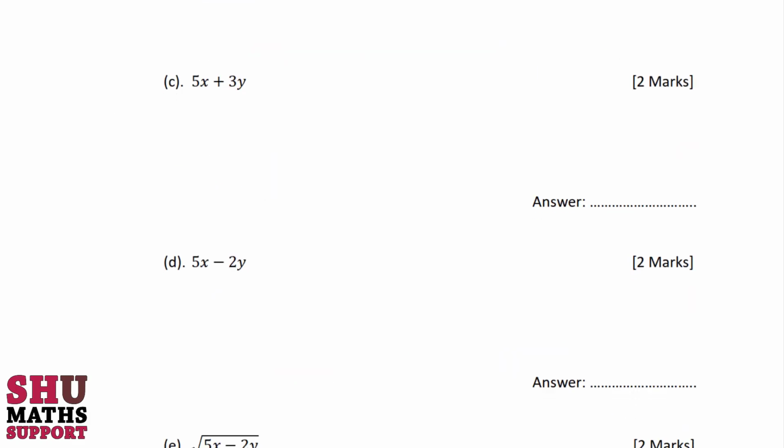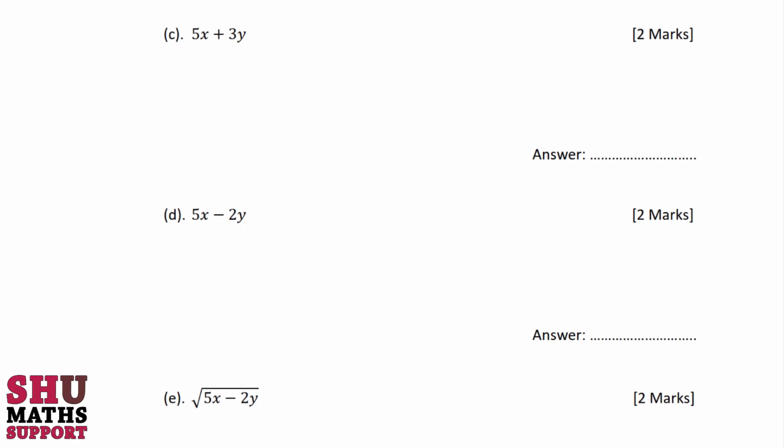Now our next question is 5x plus 3y, so we know that 5x is equal to 5 over 3, so we have 5x plus 3y is equal to 5 over 3 plus 3y, and then that's equal to 5 over 3 plus 3 times the value of y, which is a quarter, and then we have 5 over 3 plus 3 times a quarter, which is 3 over 4, and then we want to make it so the denominators are the same.